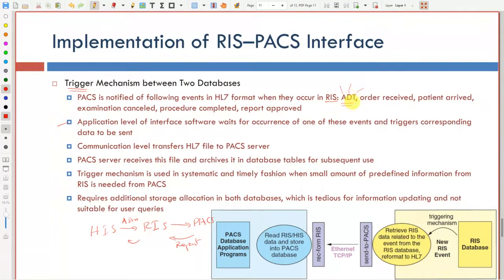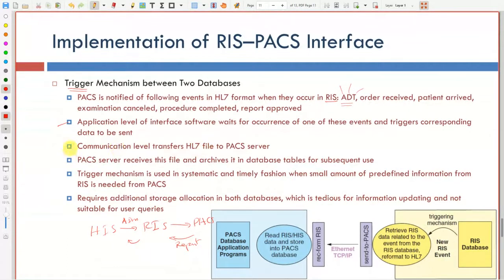You send the transfer information so that you know exactly what you should do. So it depends on the kind of message or trigger. It would trigger the corresponding data to be sent, and based on these data, you can decide what exactly you're going to do with them, or what each system should do based on the data.